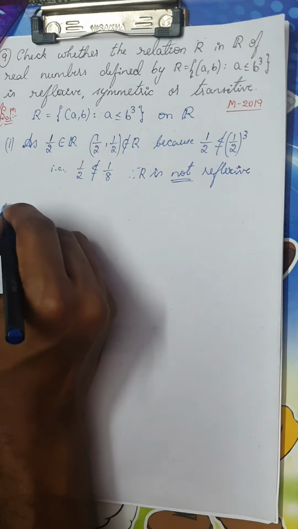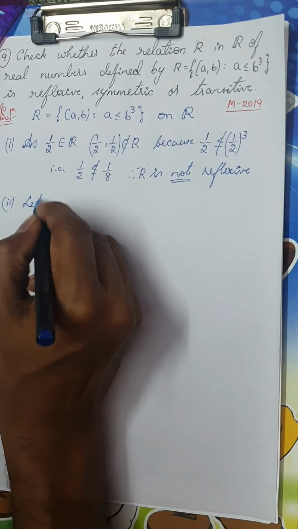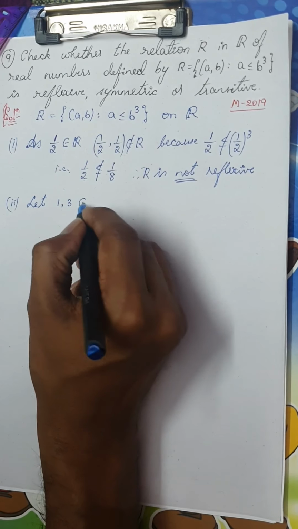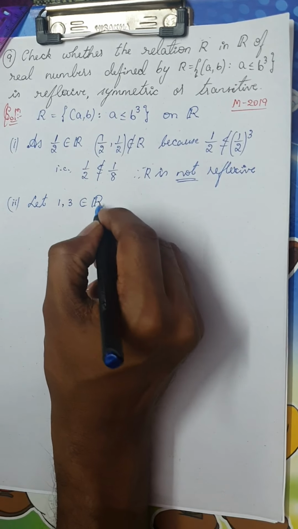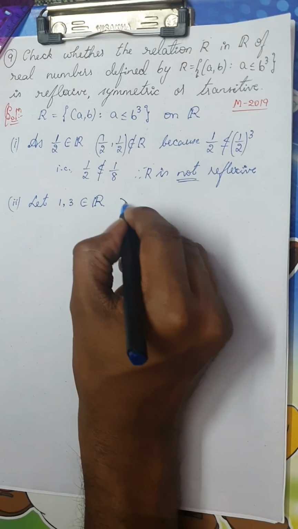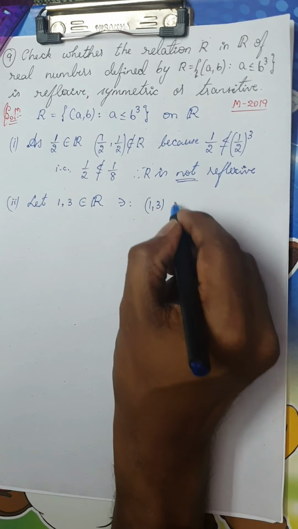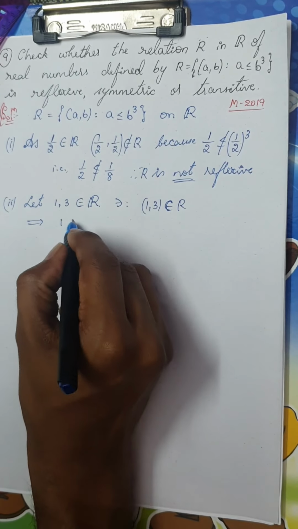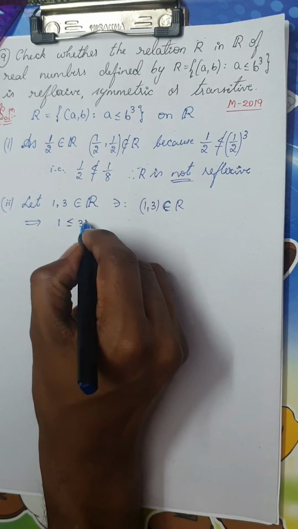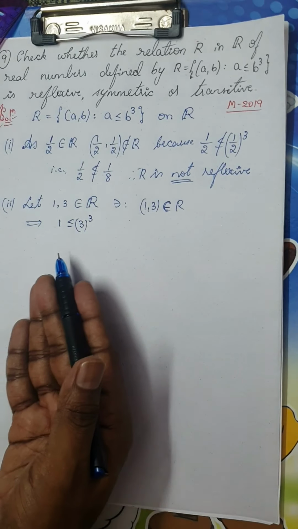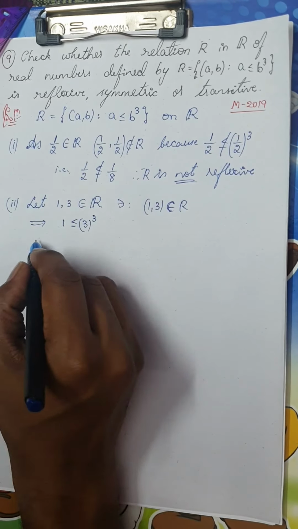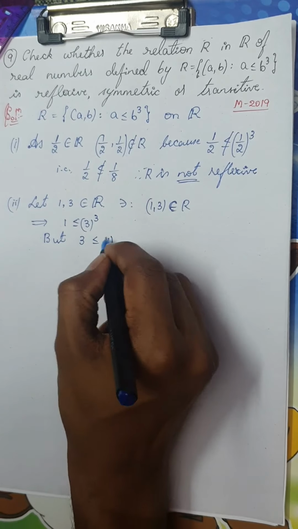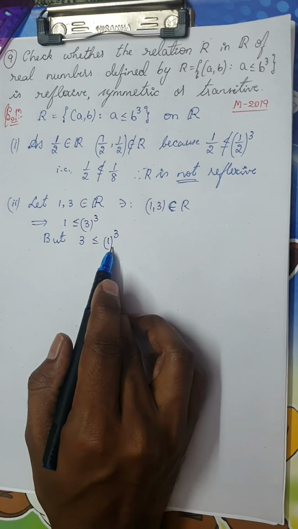Okay, going on to the second one. I'll take two elements, 1 and 3, belonging to the real numbers. Again I'm giving you a counter example. Suppose (1, 3) belongs to R. Definitely that implies 1 is less than or equal to 3 cube, which we know. But is 3 less than or equal to 1 cube?